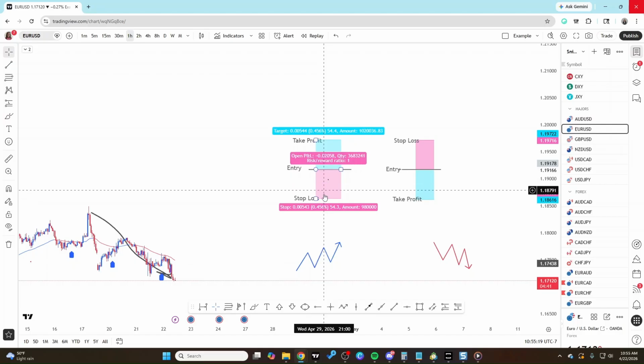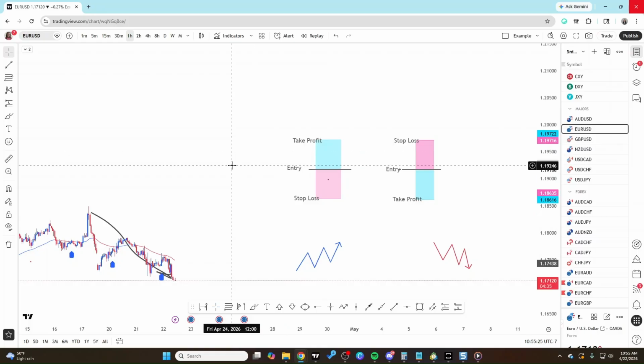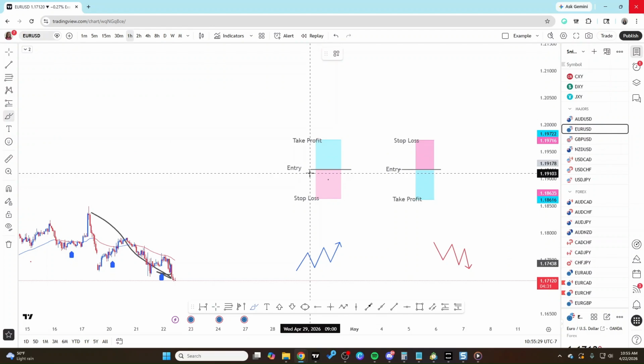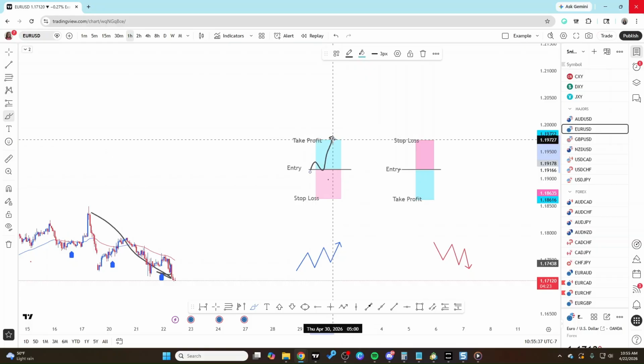Now the red part is going to be your stop loss, and then the blue part is your take profit. And what this is telling the system is, hey, if I enter a trade and price goes in my favor, when it hits my take profit, please take me out of that trade, close it, and I'm just going to accept my profits there.